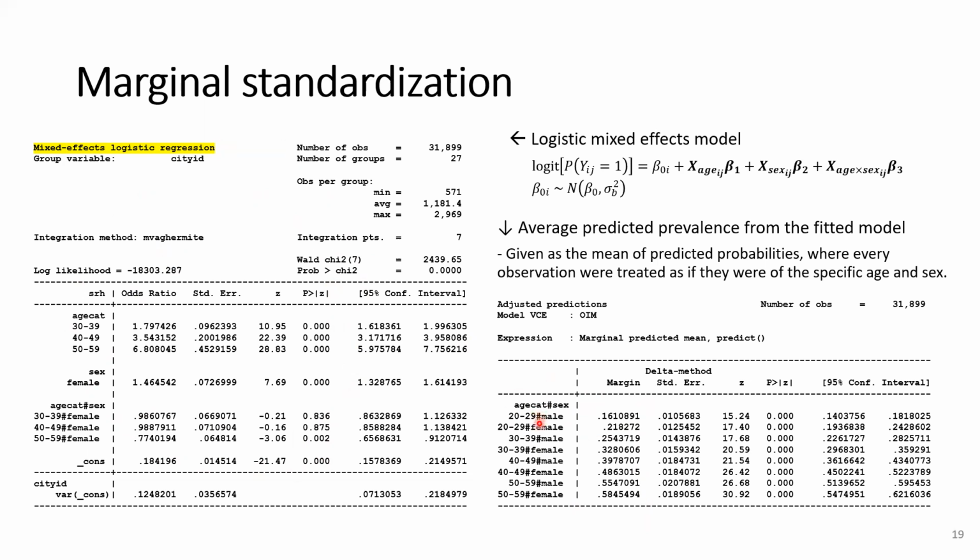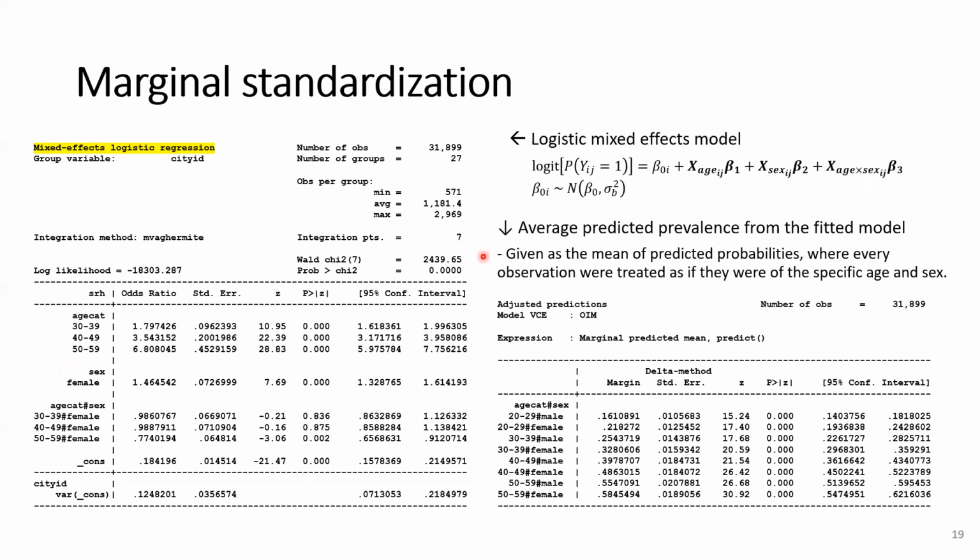In this example, we have 4 age categories and 2 categories for sex. So 4 times 2, we see 8 combinations here. And how this was calculated, I'll go one step further.